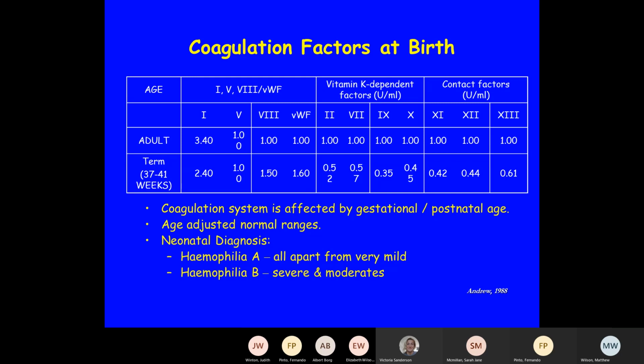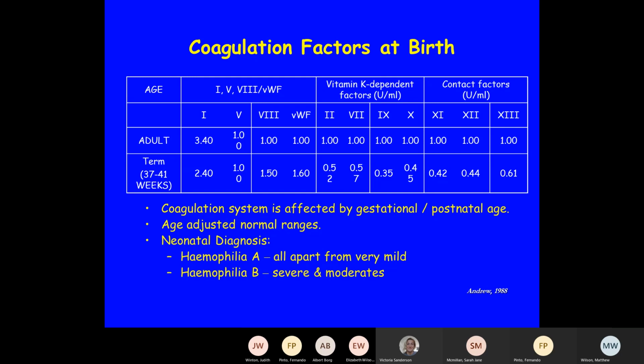But it is important to know that because the factor 8 is expected to be normal or even supernormal at birth, any reduction in the factor 8 will pick up even mild hemophilias A. So if you do a factor 8 on a newborn, and it's low, there is a problem, okay?